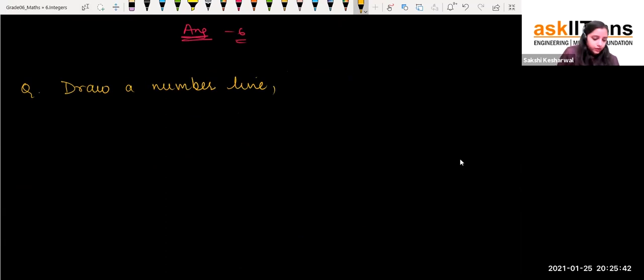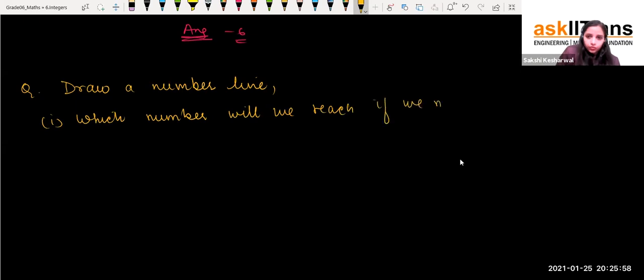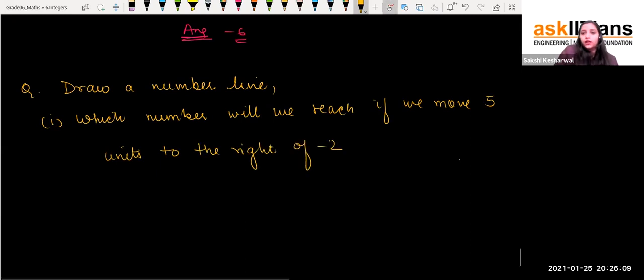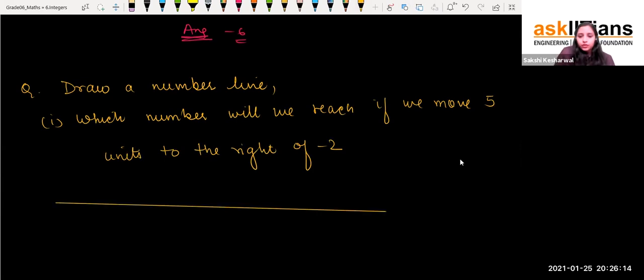The first is: which number will we reach if we move 5 units to the right of -2? Can you answer me, anyone? 5 positions to the right of -2.